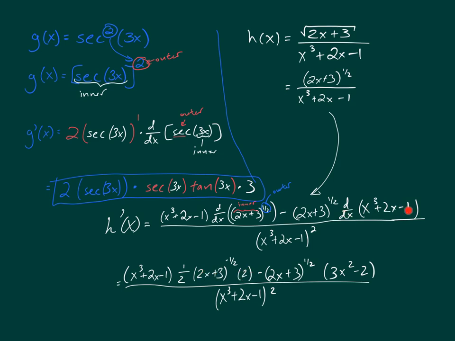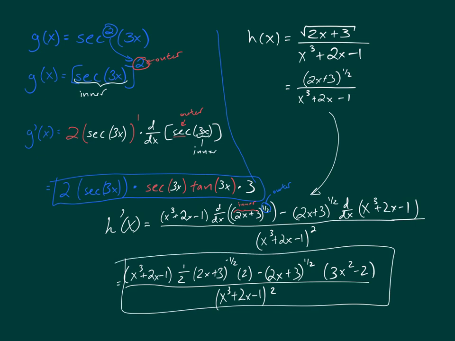The second derivative over here is 3x squared plus 2. The 1 drops away. So there's that. And that's it. I get to circle this and be done. There was no reason for me to simplify my answer, as the directions told me so. So that's the answer.